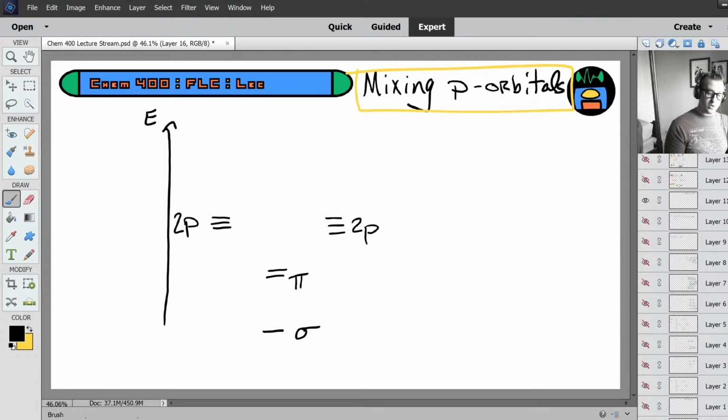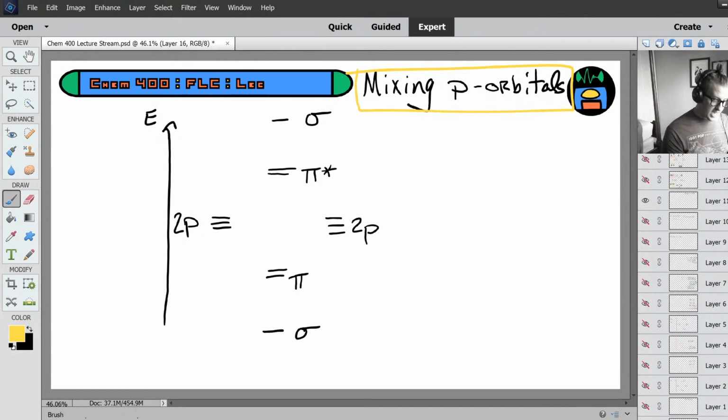So the pi bonding orbitals are equal in energy, the ones formed by px and pz. So we show them two stacked, followed by the pi star antibonding orbitals and the sigma star. All right.